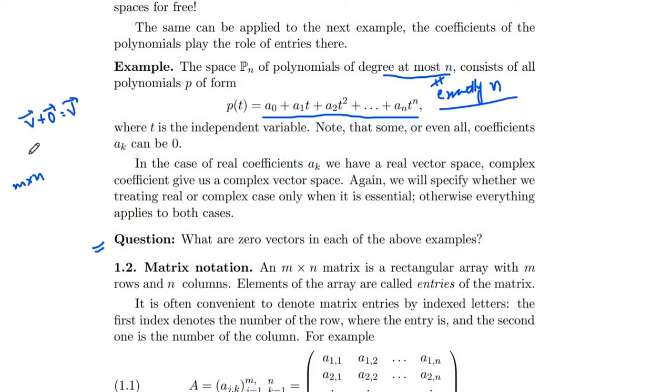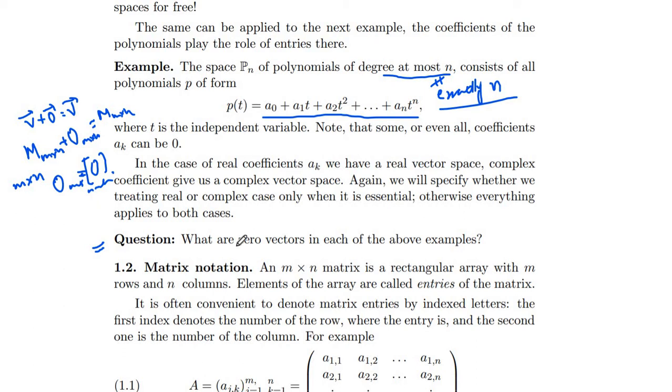So by the same definition, the zero matrix would be the zero vector: if you add it to an m by n matrix, you get the same m by n matrix back. So the zero matrix is just a matrix minus itself, component wise, which would be the matrix of all zeros. Similarly for polynomials, if you add the zero polynomial, where all the coefficients are zero, you get the same polynomial back. So in this case, the zero vector would be the zero polynomial.